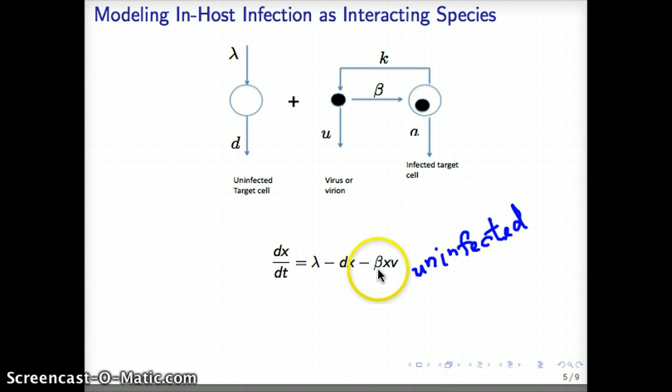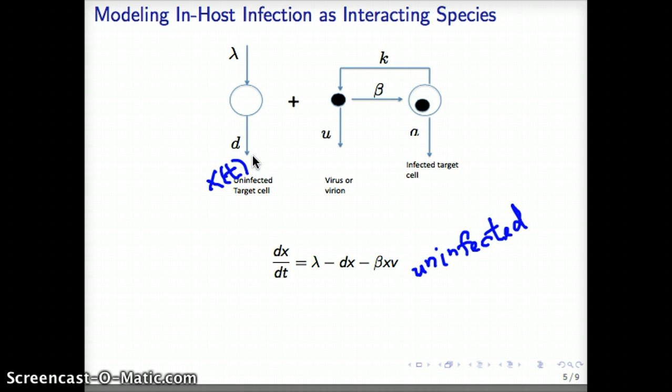Then the next term has to do with encounters between X and V, where V denotes... so here we're going to have three state variables. The uninfected cells are going to be denoted by X, but really we mean that X is a function of time.